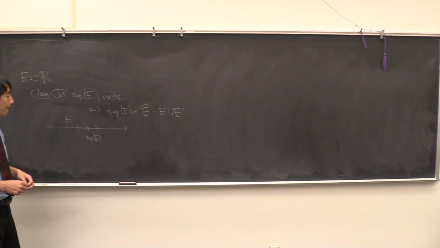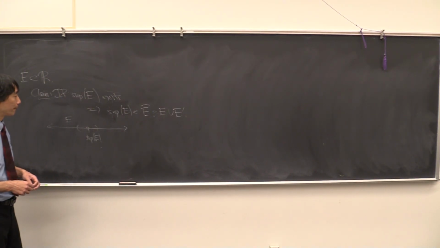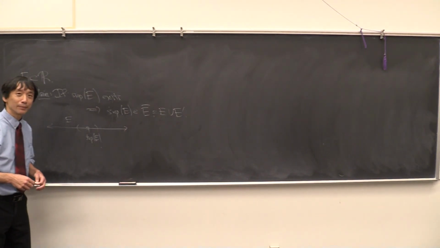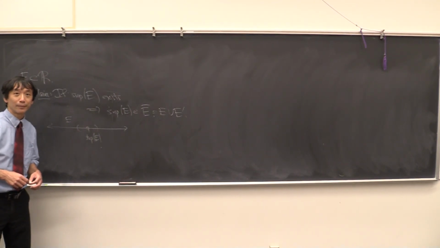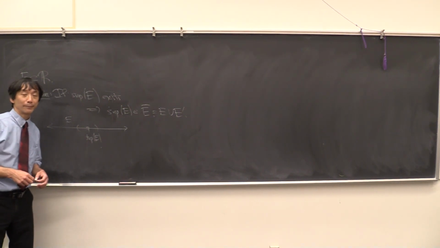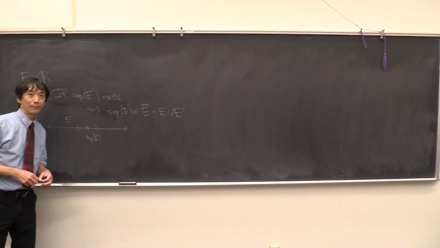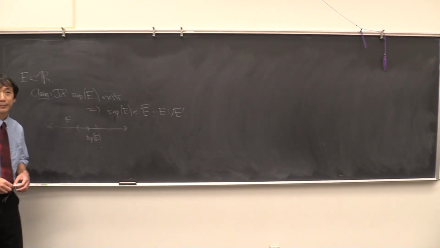There must be some point in E less than the supremum of E in that interval, because if not, then every point there would be greater than every point in big E, and thus would be an upper bound lower than the supremum, which is the least upper bound, so contradiction.